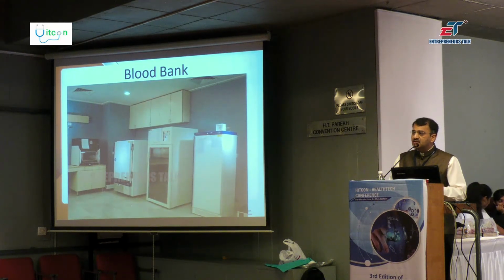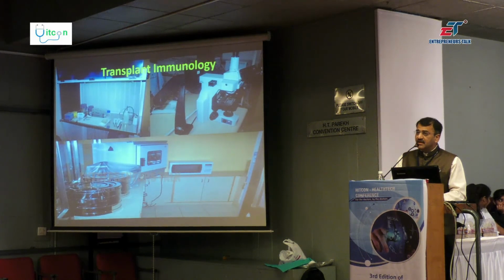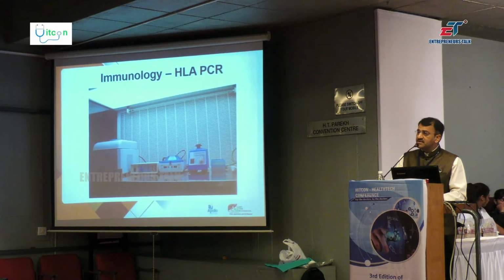Similarly, you need various blood products and blood component therapies from the blood bank, where technological improvement has also made things very easy. Similarly, immunology and HLA-PCR immunology have made renal transplant easy.